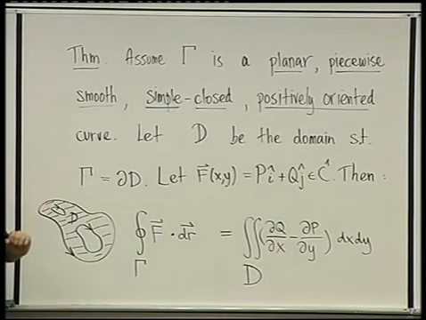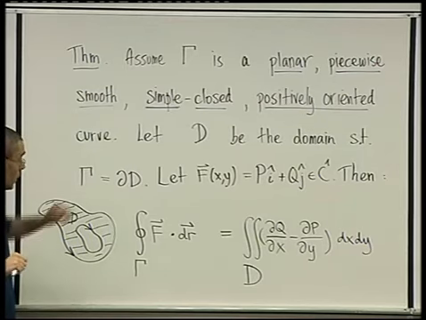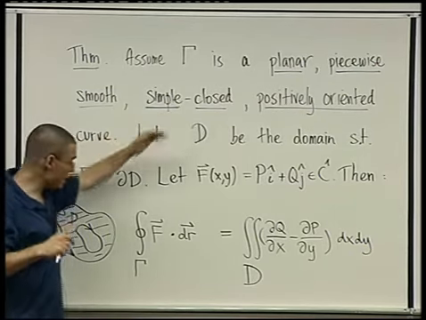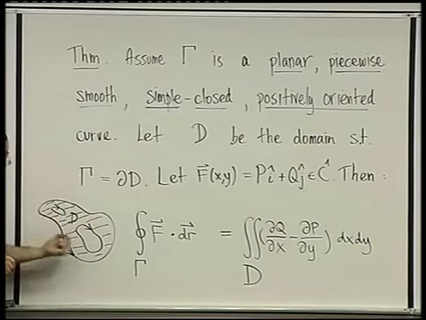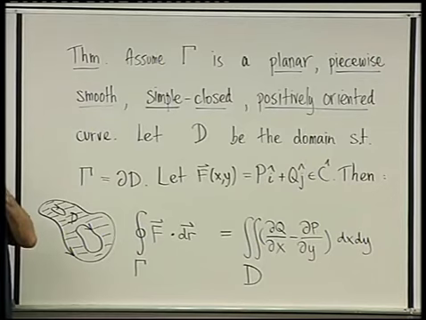Does that have to go with simple closed? What do you mean, does that have to go with simple closed? Well, if it's not closed, then it won't have an inside and an outside for the D. No, it is closed, yeah, but I said it could be made up of several disjoint closed curves, like in this example. What I'm saying is, if you had the figure 8 like you had before, then if you walked along, it would depend on where you started for which orientation you would have to go, wouldn't it?